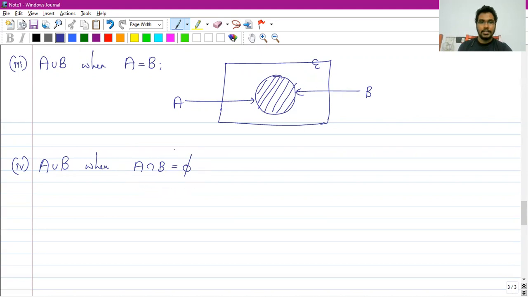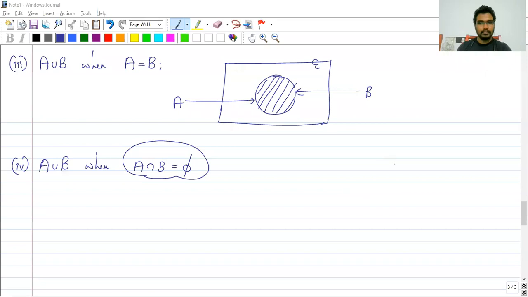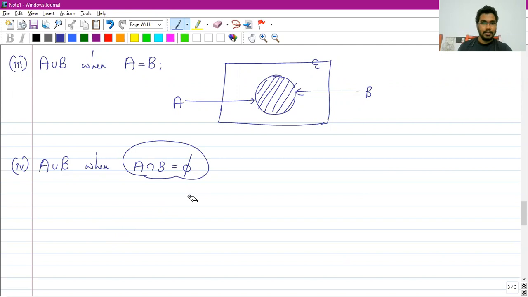If A intersection B is a null set, this is a disjoint set. So what we were discussing is A union B when A intersection B is a null set. So you know A intersection B is equal to a null set when A and B are disjoint sets.